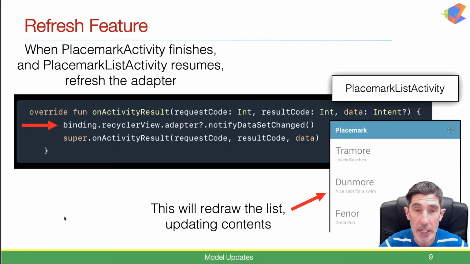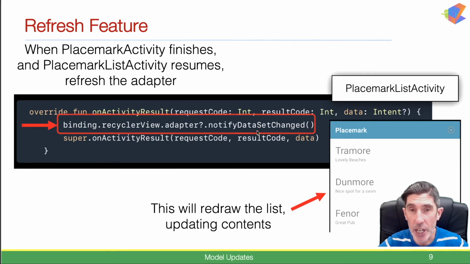We want to tell our adapter your data has changed, whether it's new data or whether the existing data has been changed, so you need to refresh yourself. We invoke that with notifyDataSetChanged on the adapter of the recycler view that we have bound to in our overall layout. That's done in the activity result.